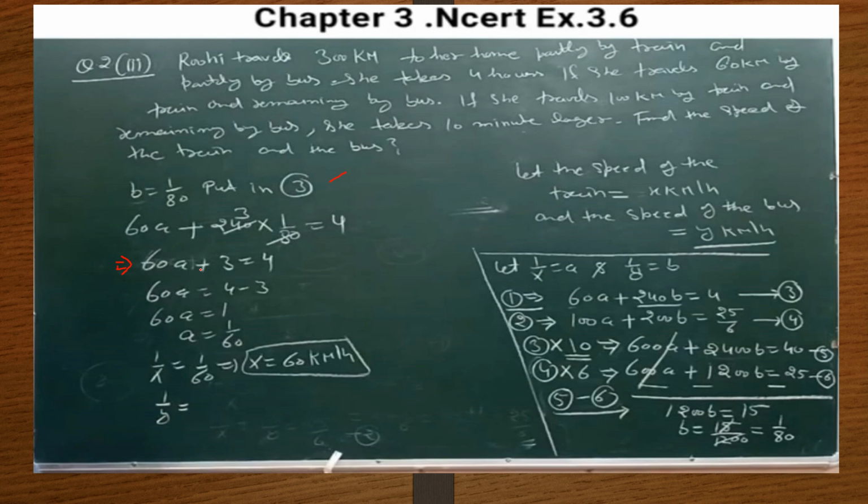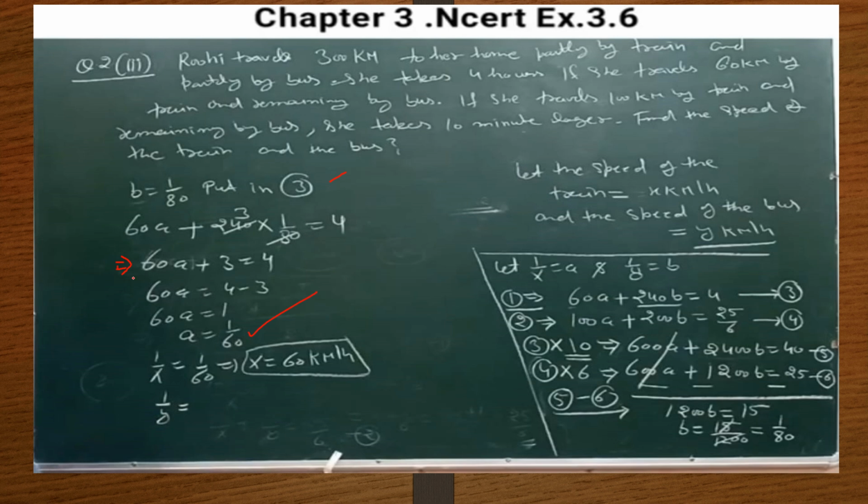This implies 60a plus 3 is equal to 4. Again, this implies 60a is equal to 4 minus 3, since plus 3 goes to the right side and changes sign. 60a is equal to 1. It means a is equal to 1 by 60.